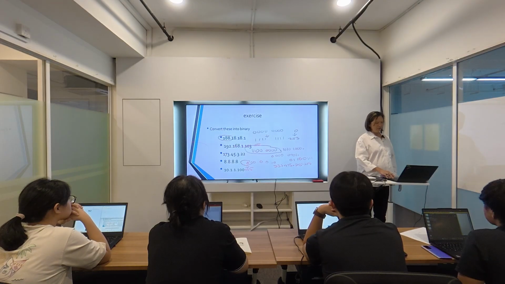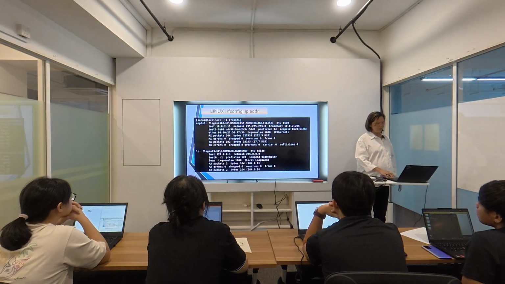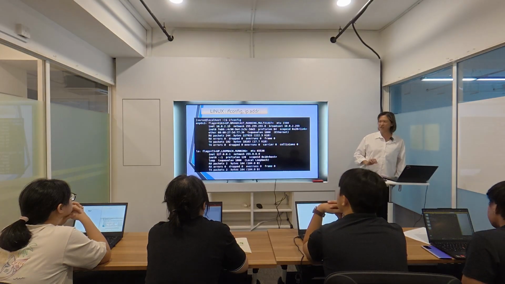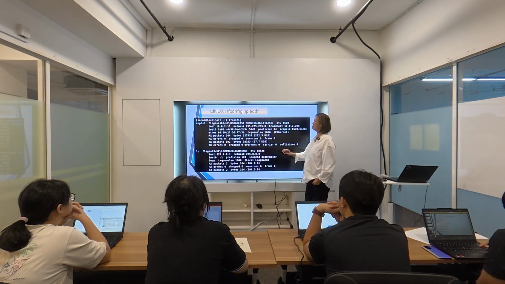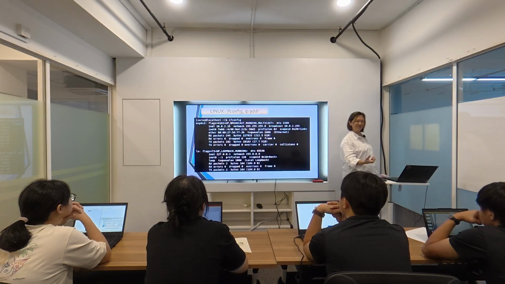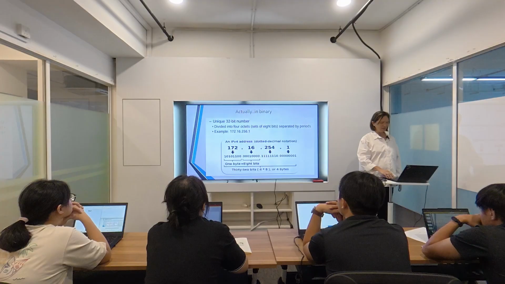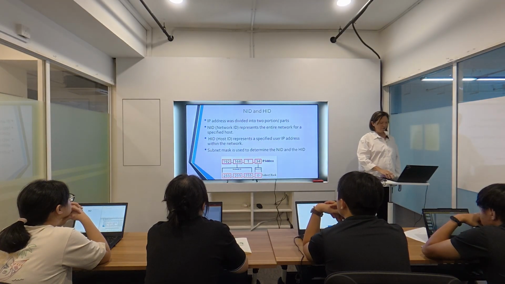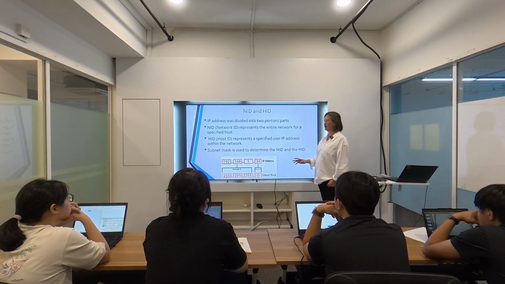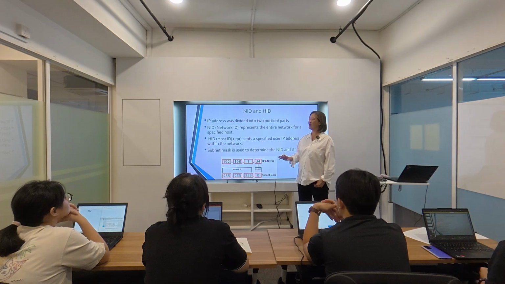Now, just now when we were doing the ifconfig commands, we saw that every IP comes with a subnet mask. So what is the meaning of this subnet mask? The subnet mask helps us divide the IP address into two portions. Just now I said that IP address is hierarchical.